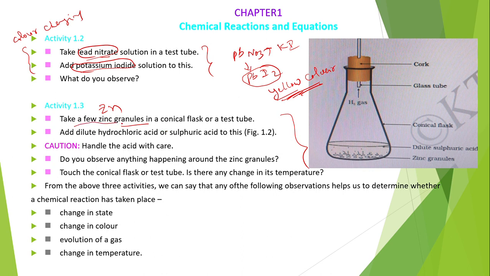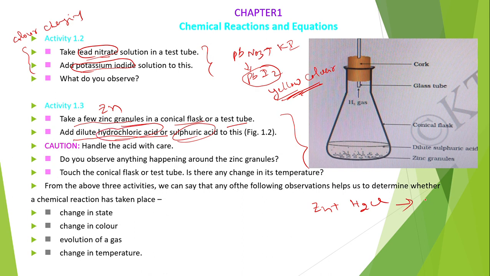Take a few zinc granules in a conical flask or a test tube. Add dilute sulfuric acid to it. You take zinc plus sulfuric acid. He is telling HCl or sulfuric acid, but you take HCl.